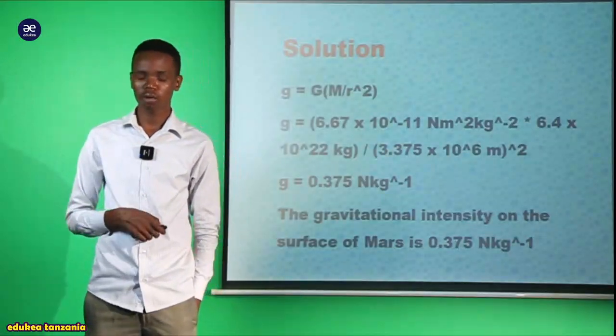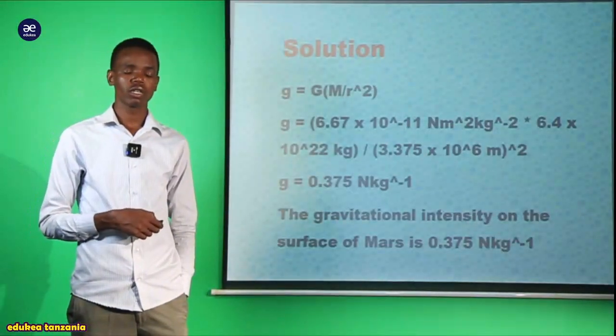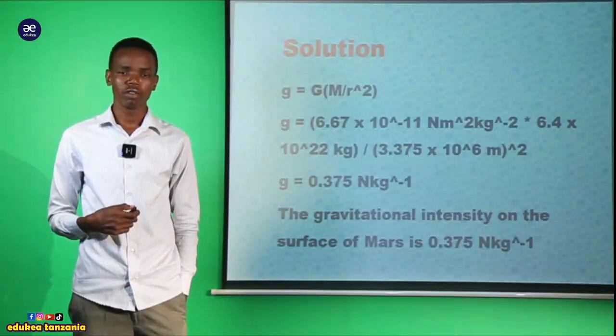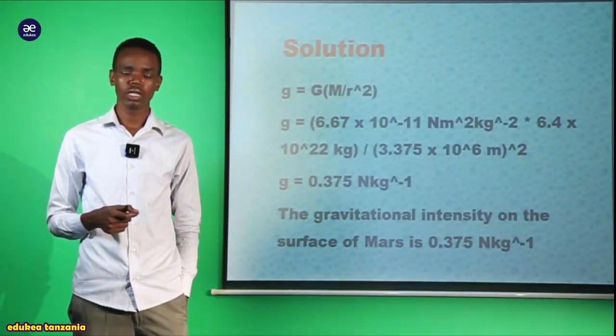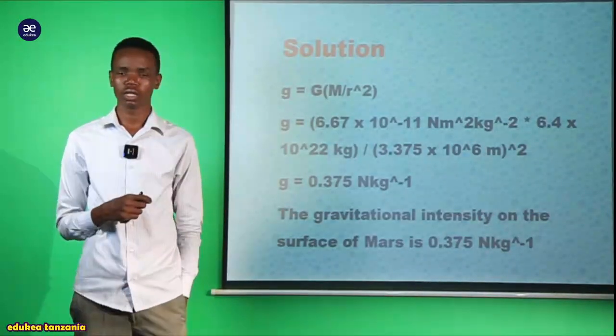So here, my dear student, we are supposed to substitute our given values. After writing the formula g equal to GM divided by R squared, we should take our values and substitute into our formula.